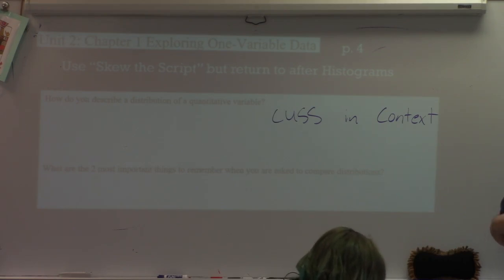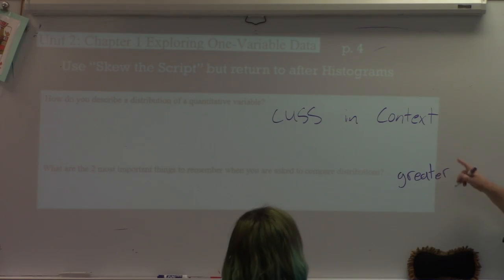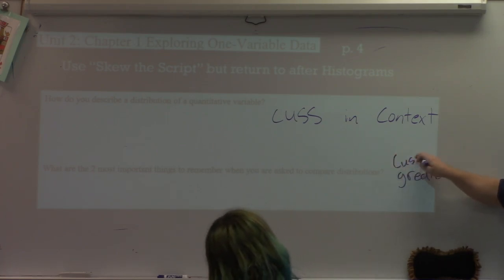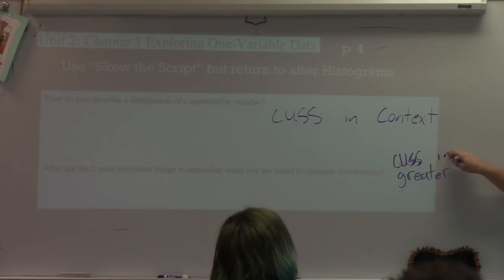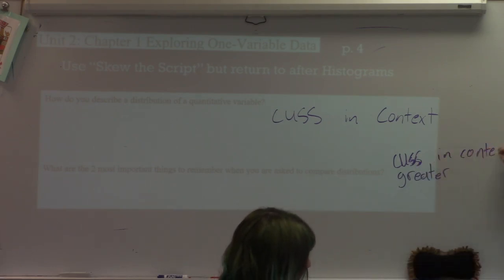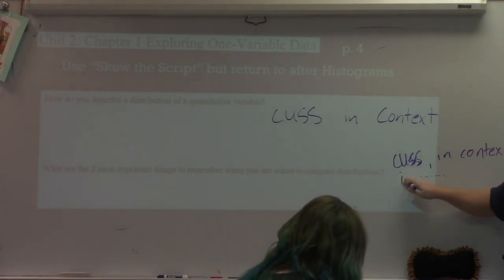Explicit words like "more than" or "less than." Thank you, there we go, comparative words. So we have to use explicit words while cussing? No, exactly, we have to CUS explicitly, with explicit comparisons.